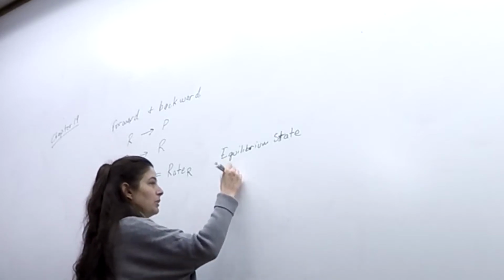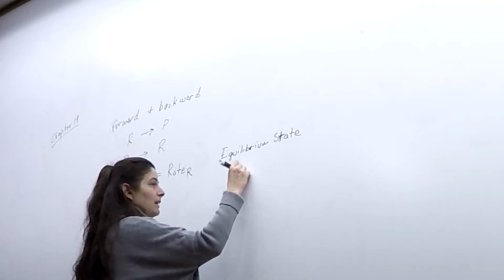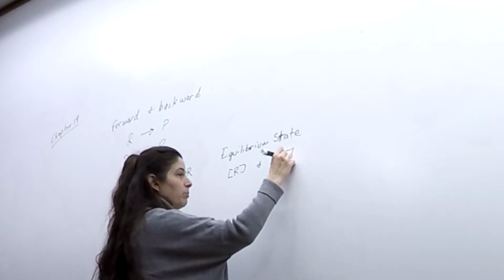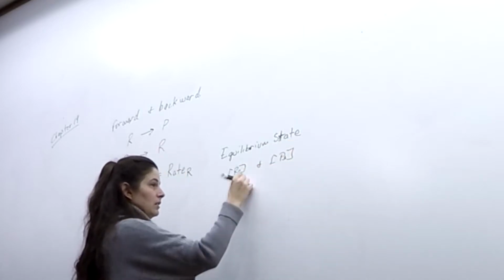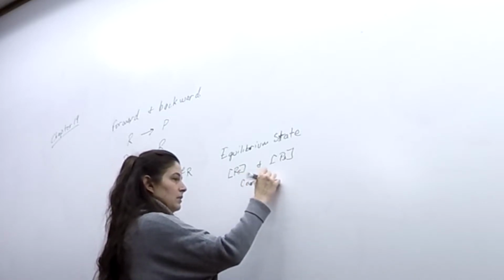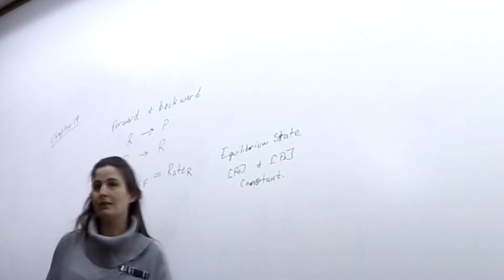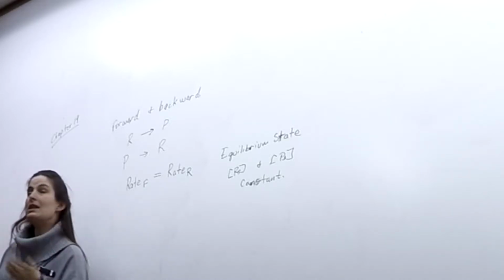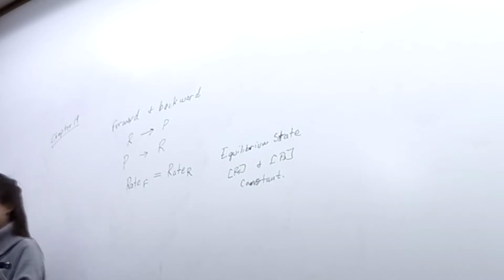So at an equilibrium state, the concentration of the reactants and the concentration of the products are both constant. So in your mind, it looks like a stopped reaction. This is not the case. The reactions continue to go even after your reaction has hit equilibrium.